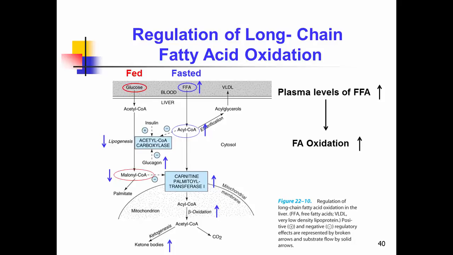ACC definitely is the key enzyme, and malonyl-CoA is also the key substrate, and CPT1 is the key enzyme as well, right? And then see how hormones change in the two different physiological conditions, and how the substrate levels are changing and controlling lipid metabolism.